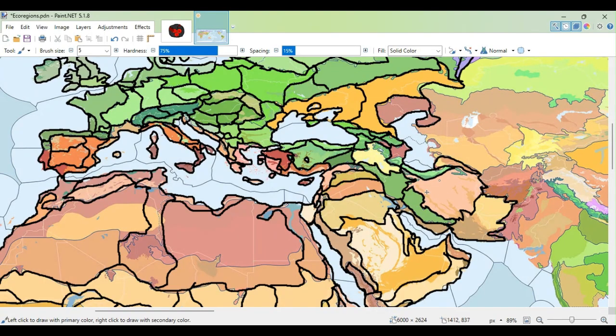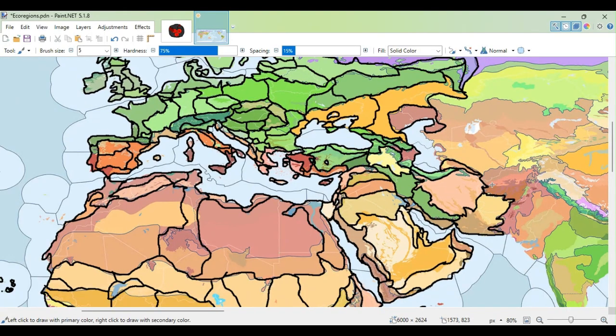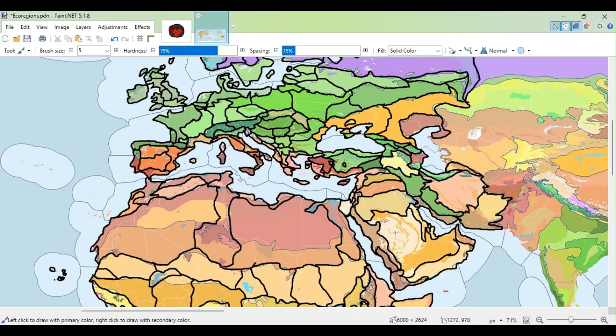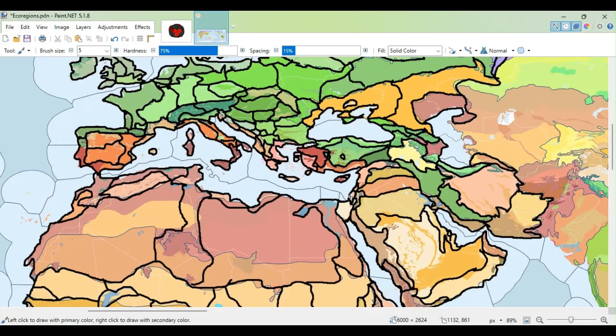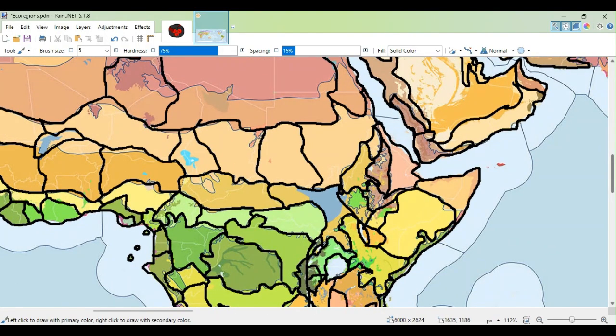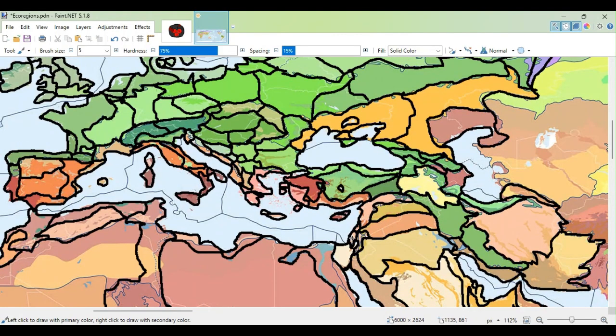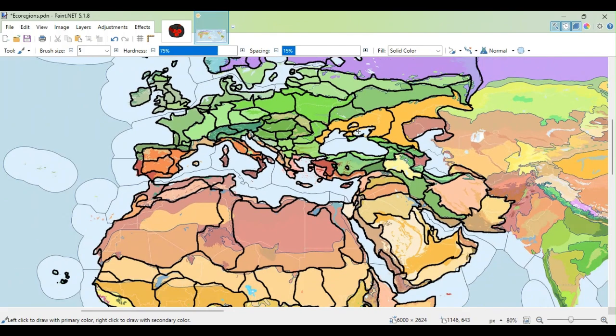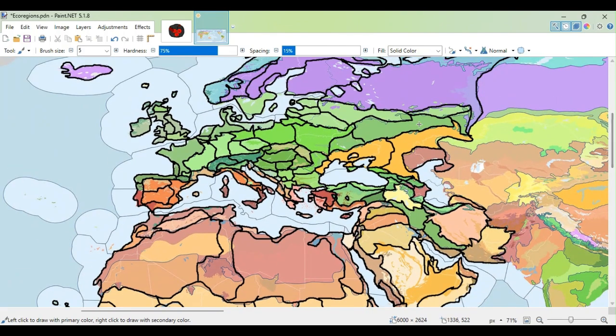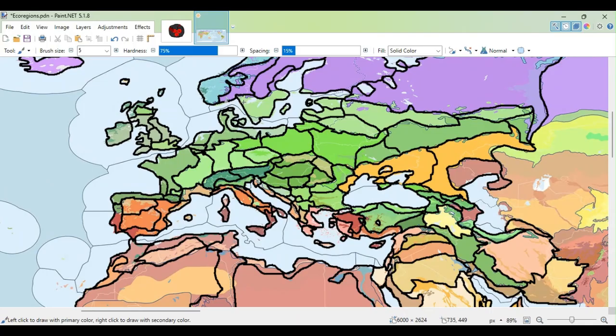For example, this region is where most Persians live, and this small region is where most Jews live nowadays. In Europe, that is totally flipped on its head.